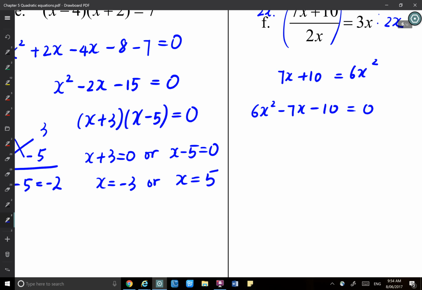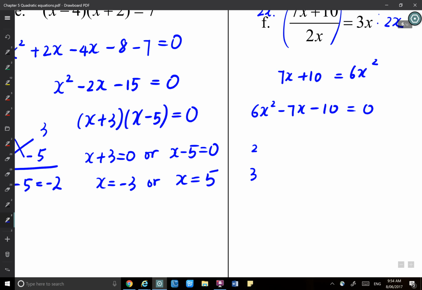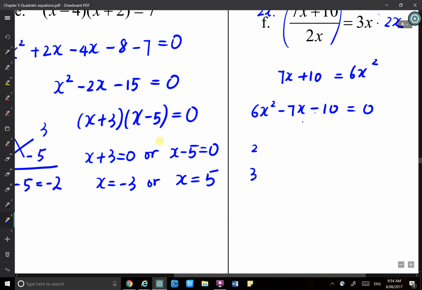And let's try to factorize that. Well, 6 is most likely a 2 and 3, and 10 is a 2 and 5. If I have 2 and 5, 6 and 10 can't give you that.